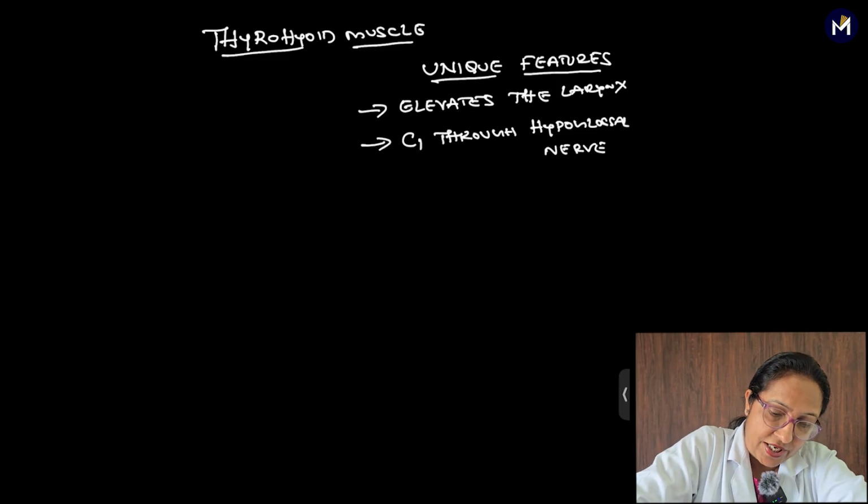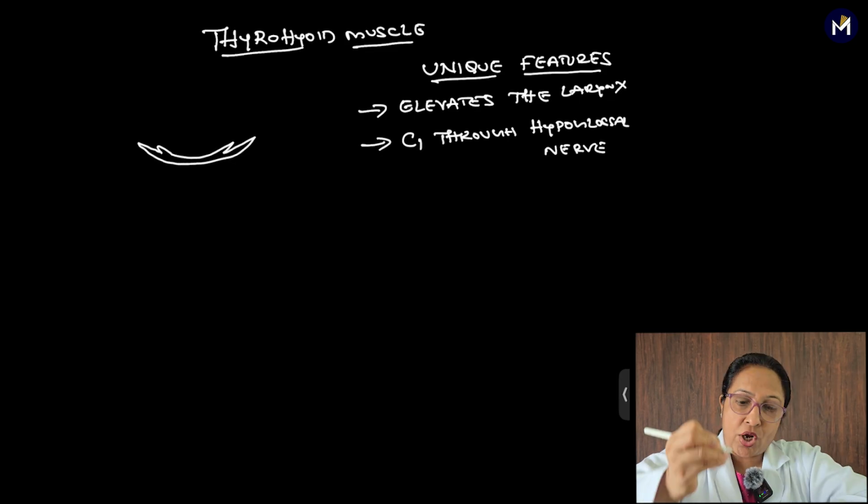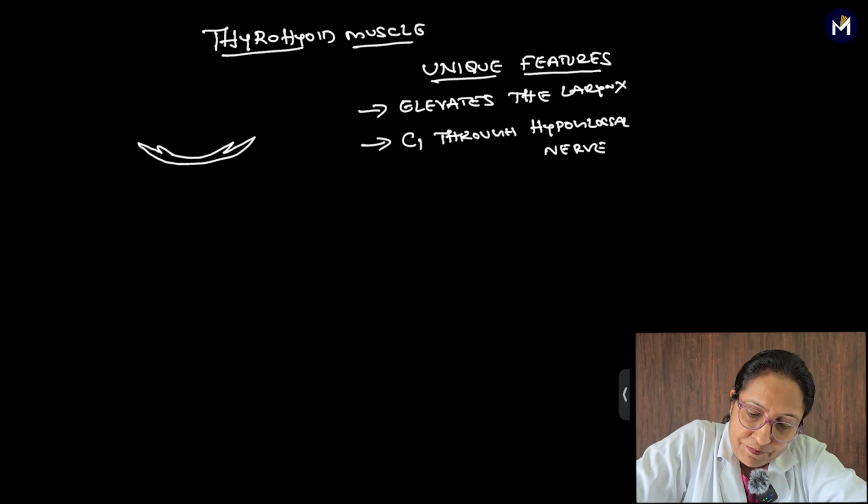So first we shall draw the hyoid bone, because thyrohyoid is an infrahyoid muscle. Second, we'll draw the manubrium sterni. This is manubrium.